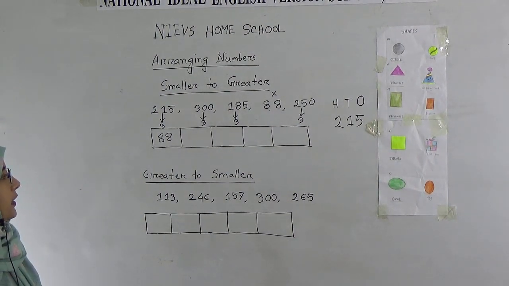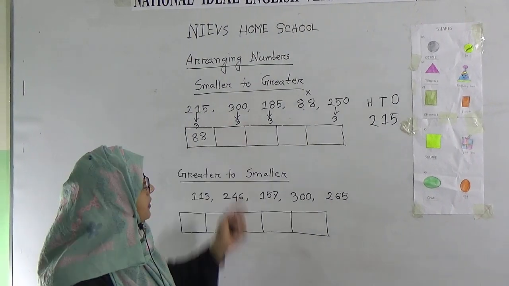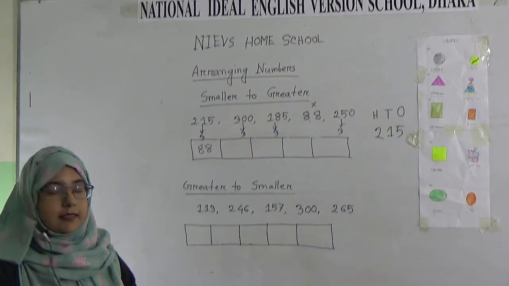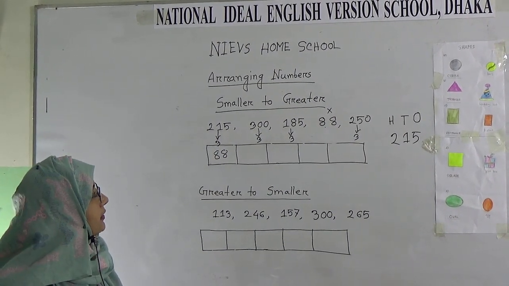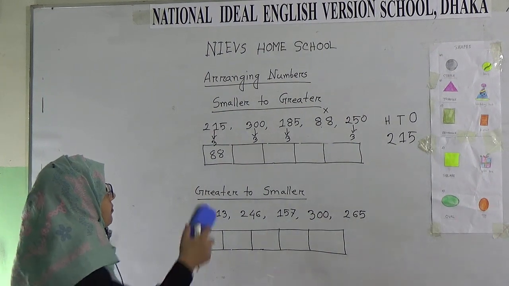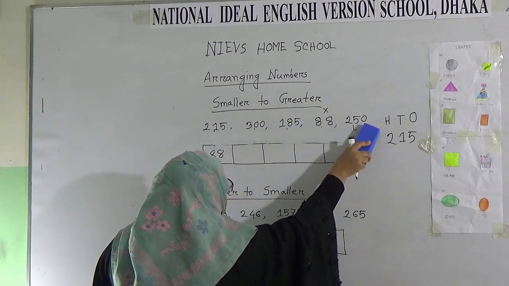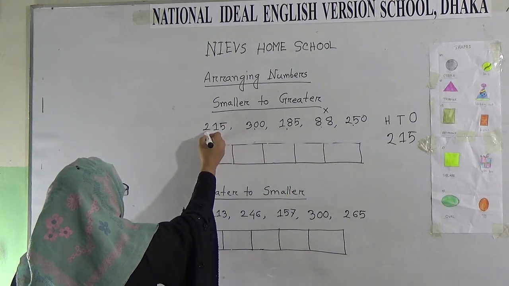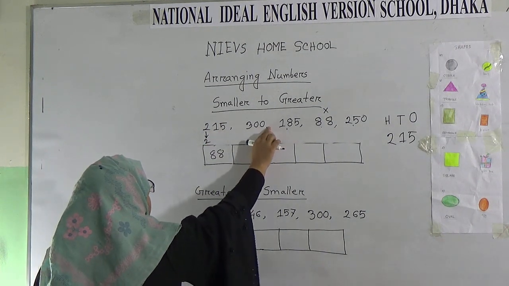Among these 4 numbers, all the numbers have the same number of digits, 3 digits. So we cannot decide which number is greater here. So we have to apply another technique. Now let us observe the digit in the 100's place. The digit in the 100's place is 2, and the next number is 300.